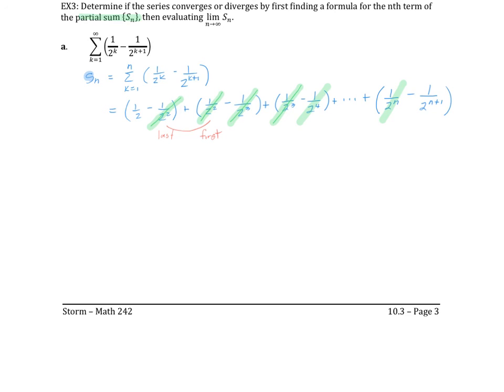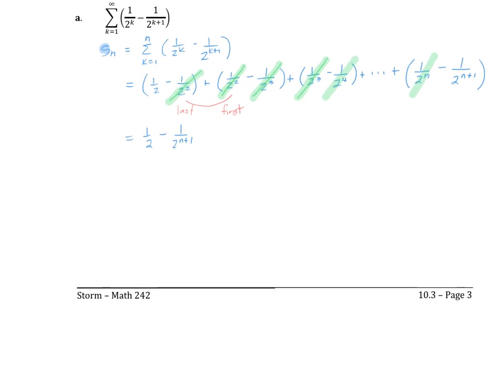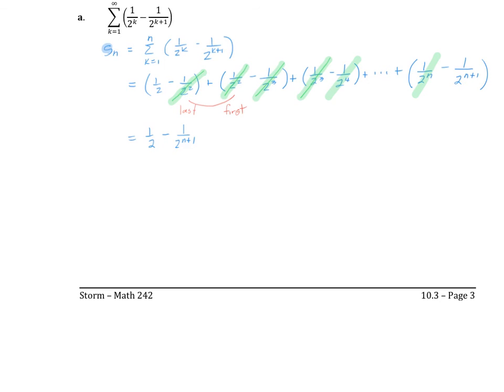What's left over is going to be your S sub n. So what's left over is 1/2 minus 1 over 2 to the n plus 1. Now what's important here is that you have n terms because we're computing S sub n. And this is one of those cases where if you're not starting with k is equal to 1, you might want to change your indices.